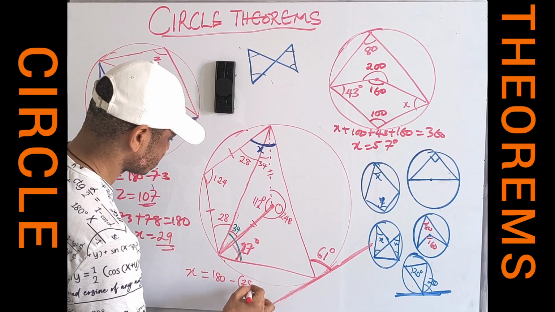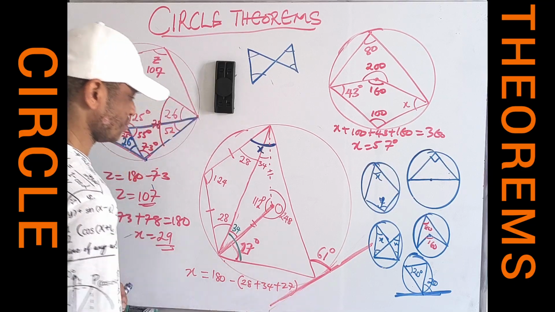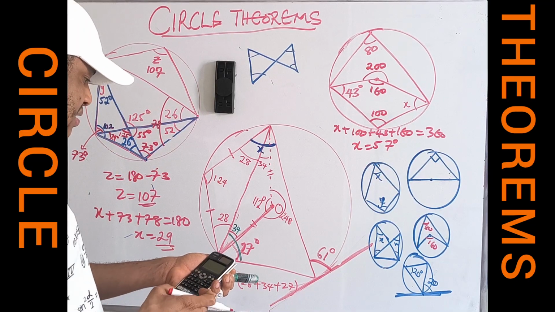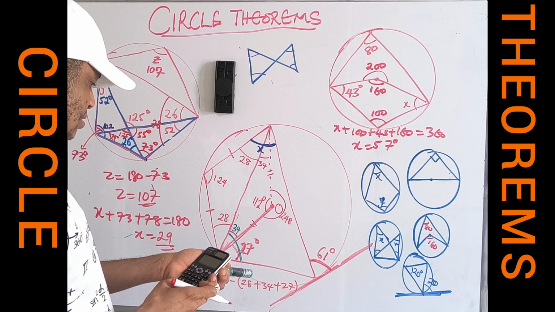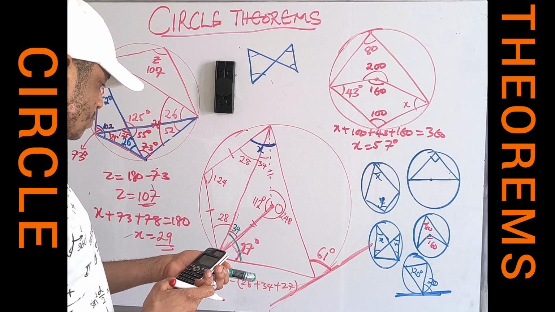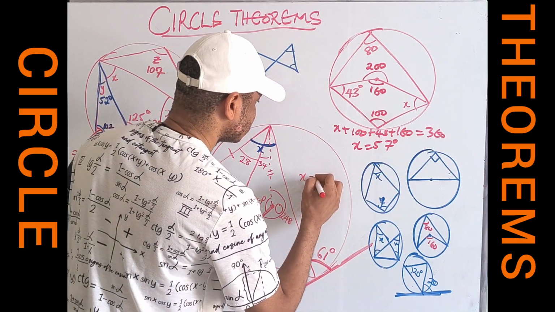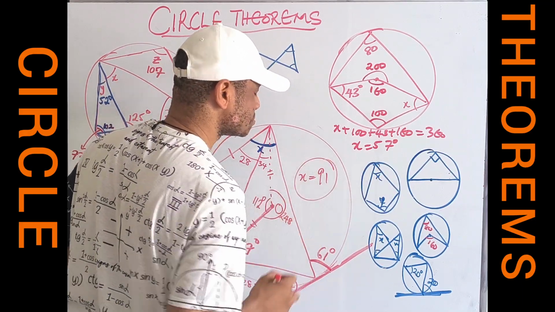So 180 minus 28 plus 34 plus 27. That will give me 91. So my x is 91 degrees.